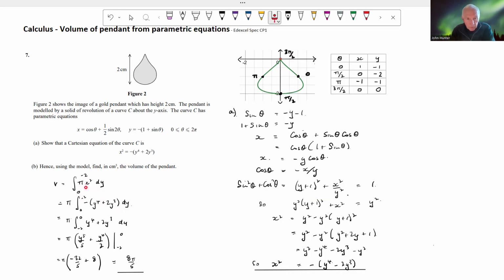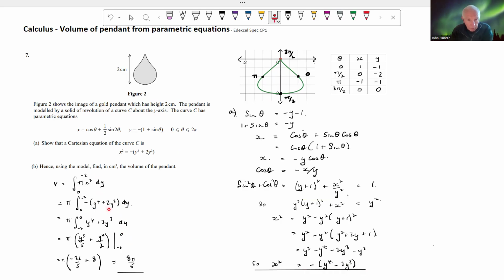That's the radius squared. That represents the infinitesimally small width. Now we can't actually do this because if we're dy, we need the function in terms of y, but that's fine because we've got a ready-made conversion here, which we can substitute in there.